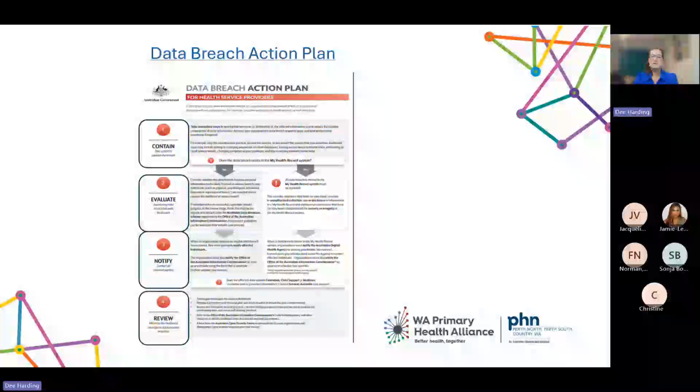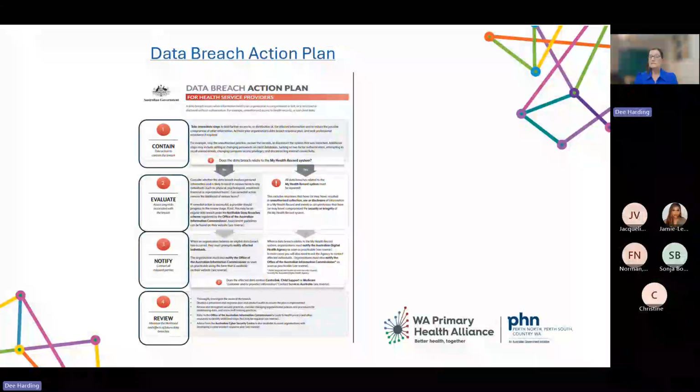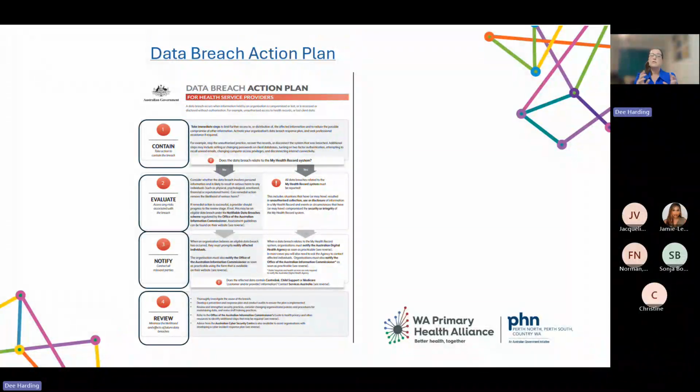So, of course, you need to contain the breach. Does the data in the breach relate specifically to My Health Record? They like to emphasize that because, of course, you have your own existing systems that are separate to My Health Record, so you would already have a process for that. So, of course, you need to take immediate steps to limit any further access or distribution of the affected information and reduce the possible compromise of any other information.